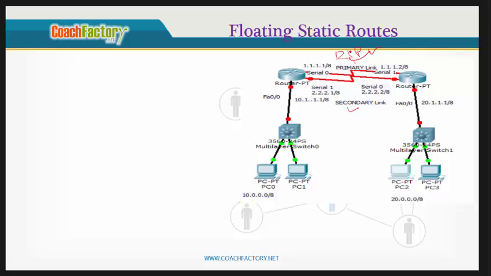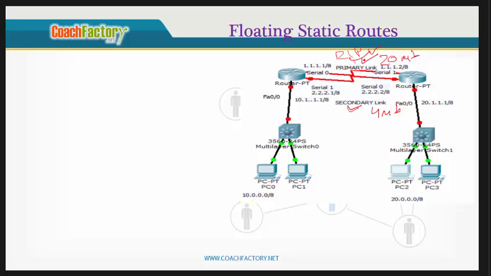So in this scenario, we are not using any kind of dynamic routing protocol. We'll be using static routes itself. So using static routes, we have two connections. I want to use this connection as primary and this connection as secondary, because this is a 20 MB connection I have, and this is just a 4 MB connection.